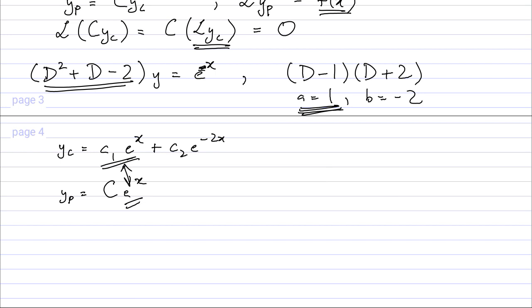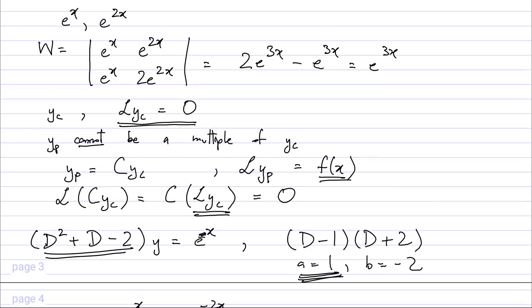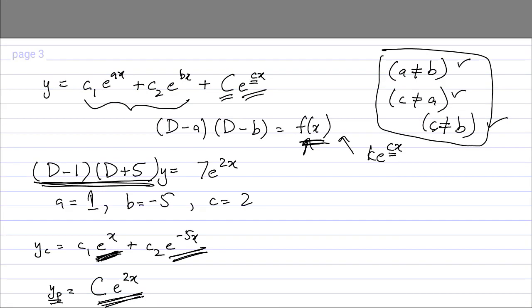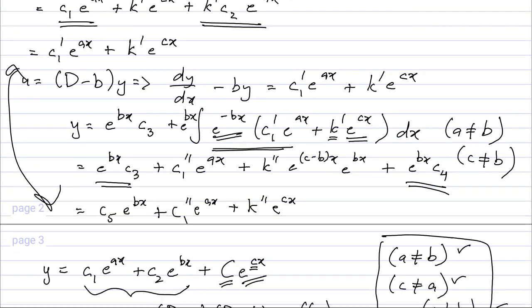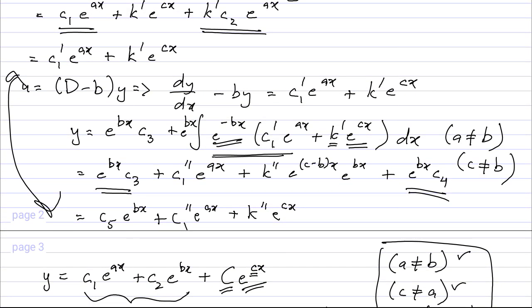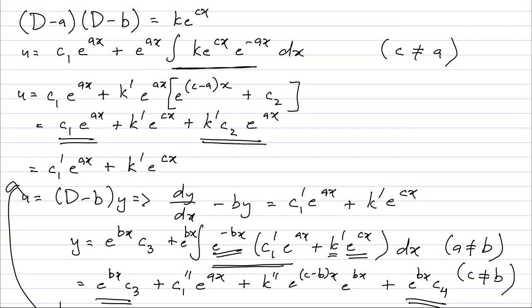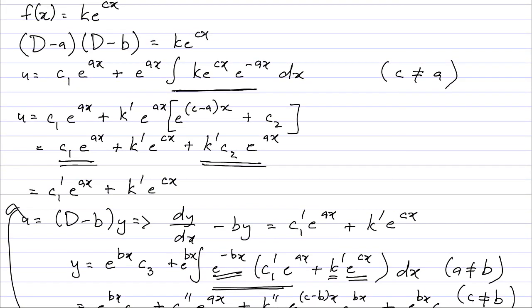Now if you are faced with such a scenario, you can go back all the way back when we were playing around over here, and you have to be careful that you're not making this assumption. So for example, if c is equal to a, then you don't divide over here.